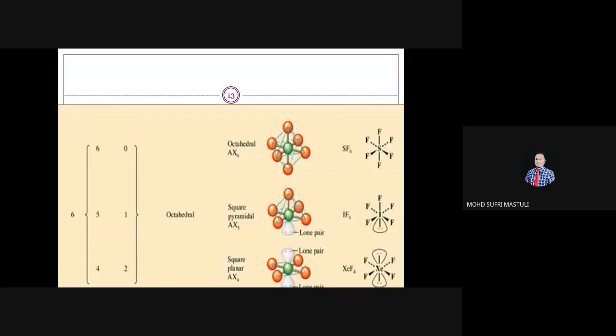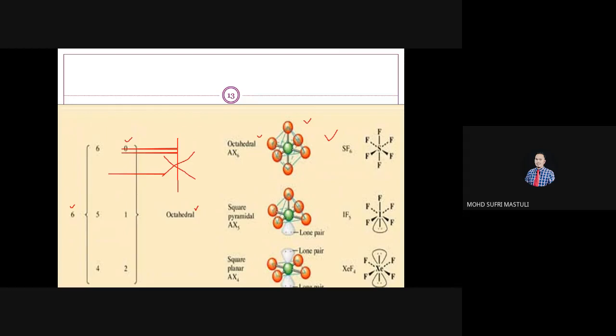Okay, the last one, the electron domain of 6, we know is a octahedral. How to draw the octahedral? Straight line, and then we have a square in the middle, like this. If we have no lone pair, so it remains octahedral like this.